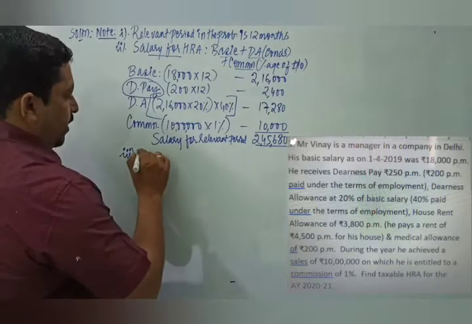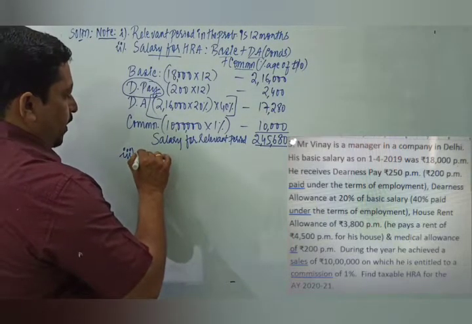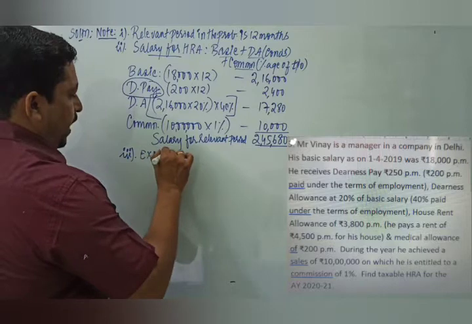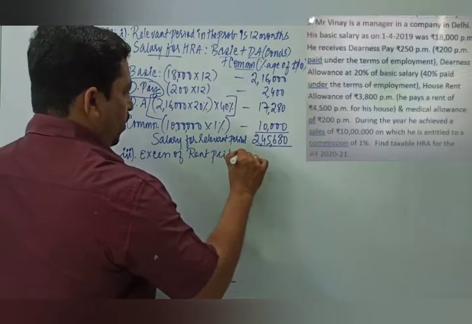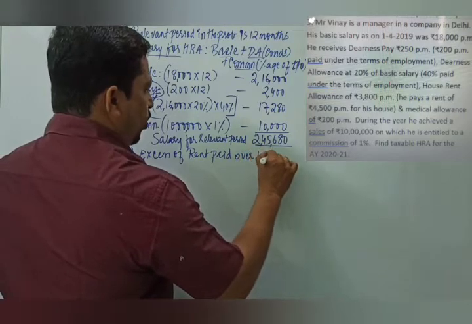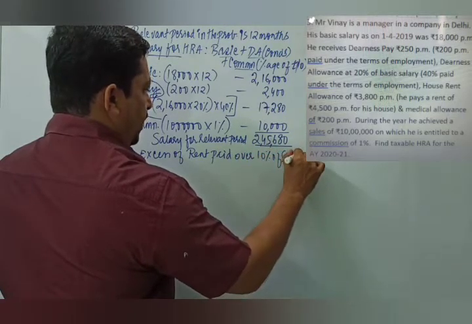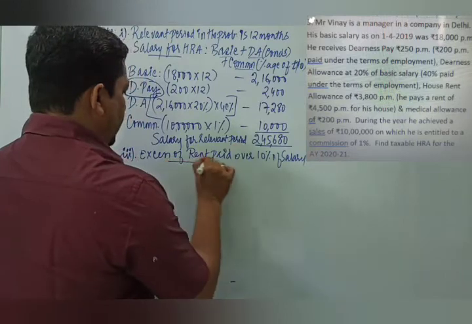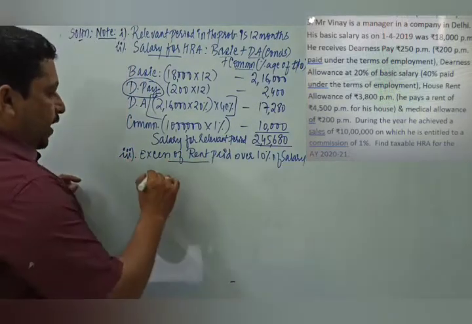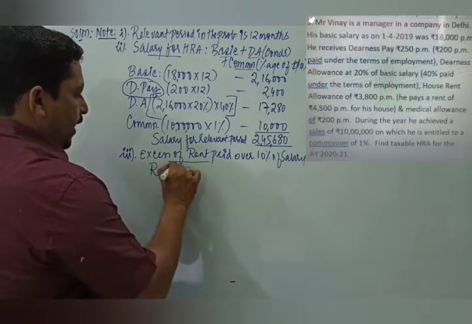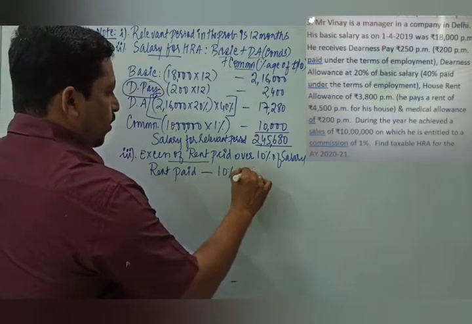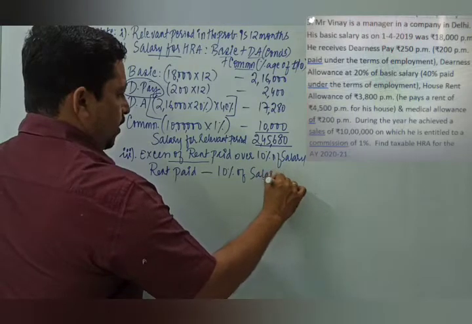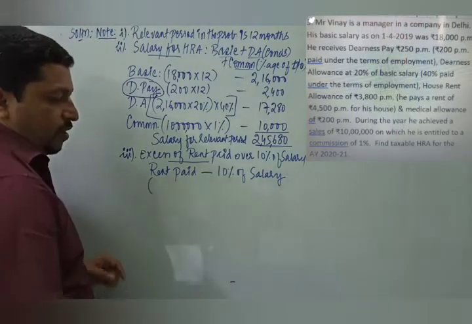So over here we take the excess of rent paid over 10% of salary. Now how do you calculate this? How much is the rent paid given? I record over here, rent paid minus 10% of salary.